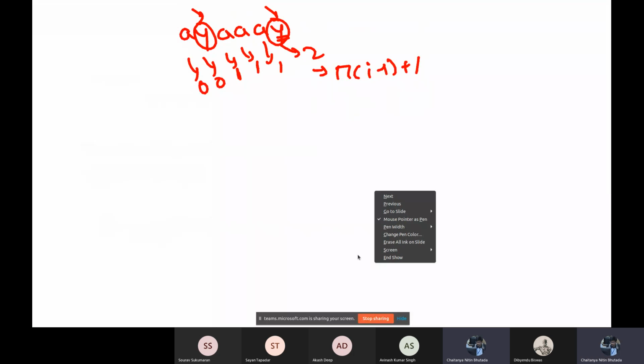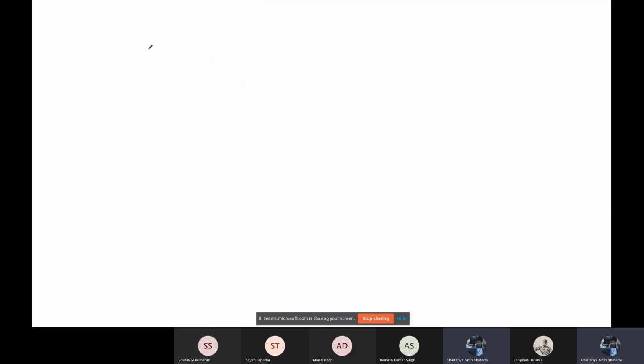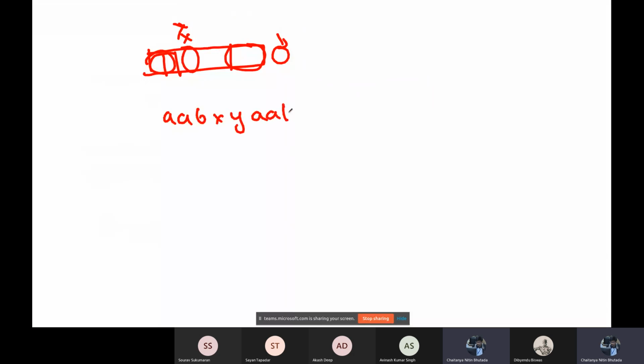The next case will be this and this does not match. So we go to the inner pi value and check. We don't need to check again... what was that example, AABXY AABX, suppose it is Z here.